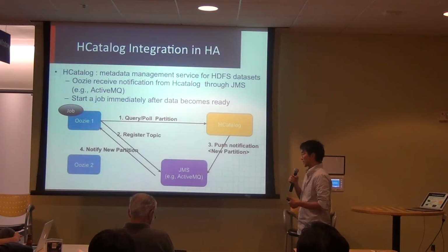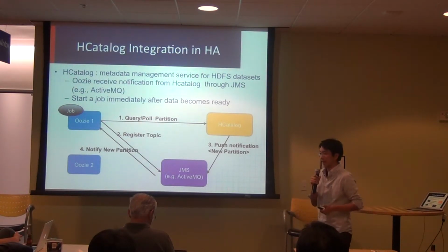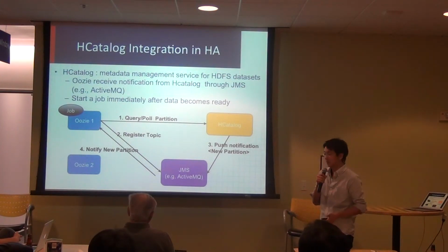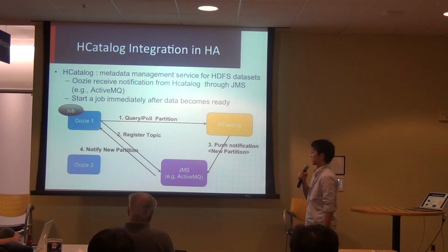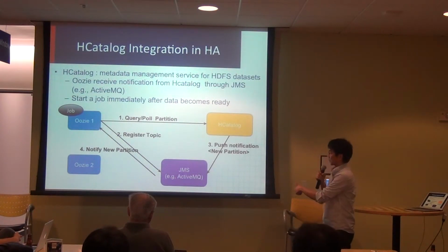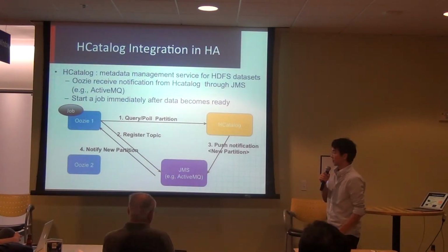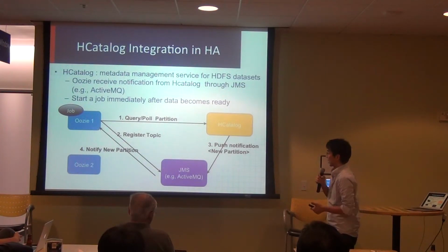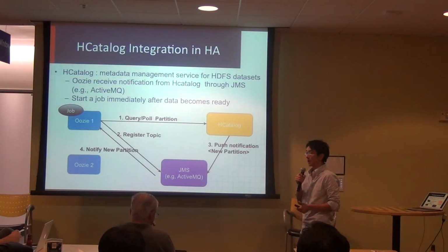We used to just poll HDFS at some calling interval, and that adds up to some latency. But some jobs require very low latency and are time sensitive. So this mechanism helps those kinds of jobs. And this is how it works. Let's say the job is running on Oozie server 1, and Oozie asks H-catalog whether the data partition this particular job is waiting for exists or not.